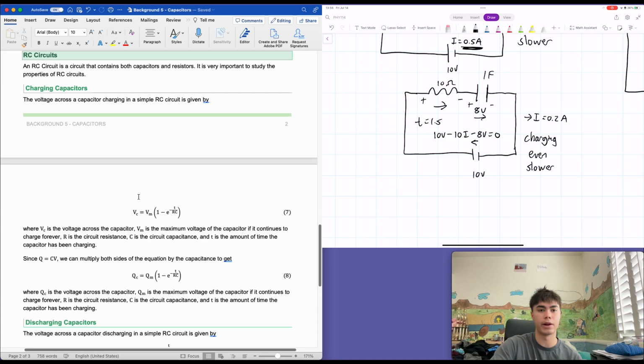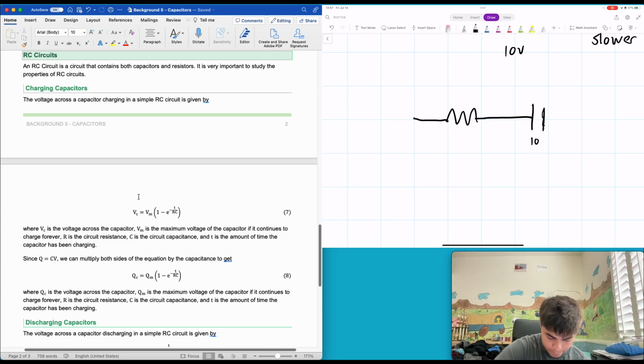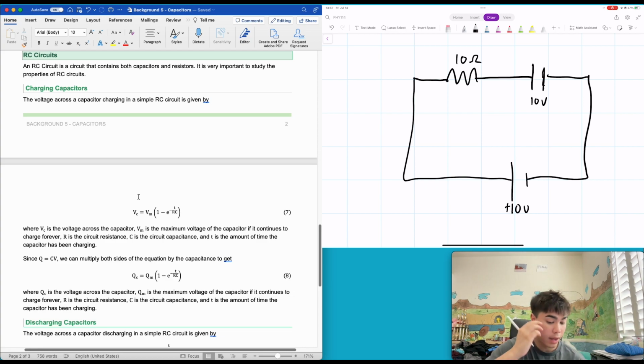It'll be the same as the battery and will have no current through the circuit. So I'll actually show that real quick. So as the time goes on, so here we have time is infinity. It's been infinite seconds. Then we've had enough current such that the voltage across the capacitor is now 10 volts.